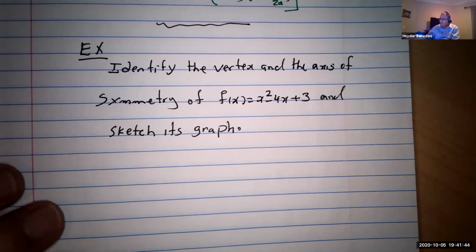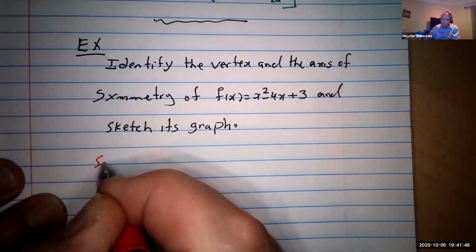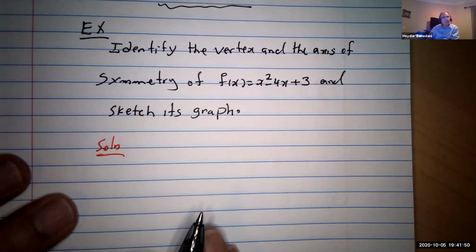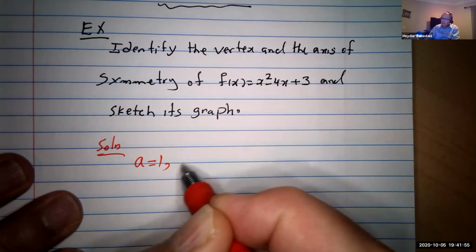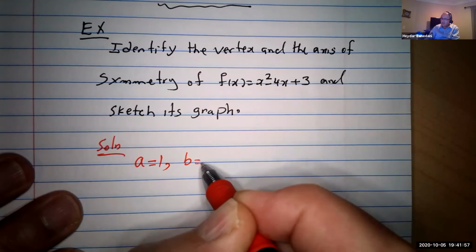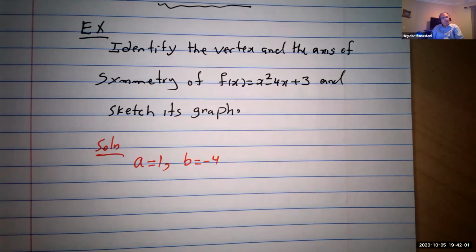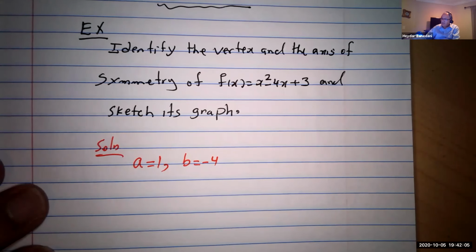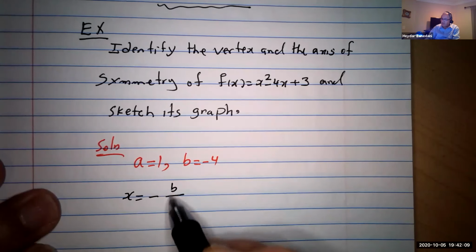This is the way we do it with the method we talked about. You identify a and b correctly. A is the coefficient of x squared, and b is the coefficient of x. We don't need c. We go for the x coordinate of the vertex: x equals negative b over 2a.